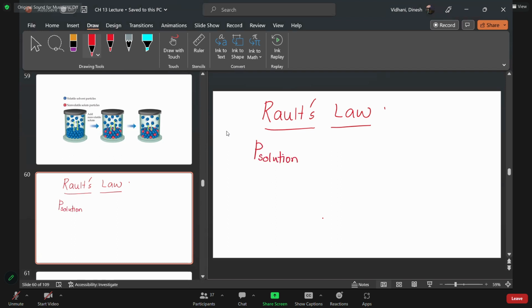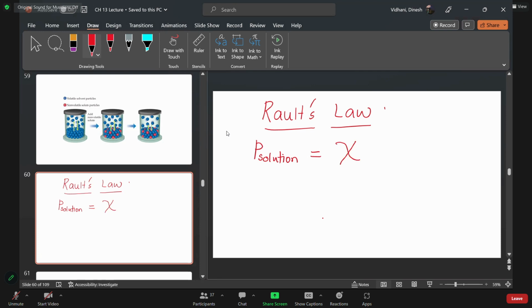We have seen that before. When we were discussing the phase diagrams, we saw that one. So the vapor pressure of the solution equals the mole fraction of the components that are involved in your solution, number one, right?